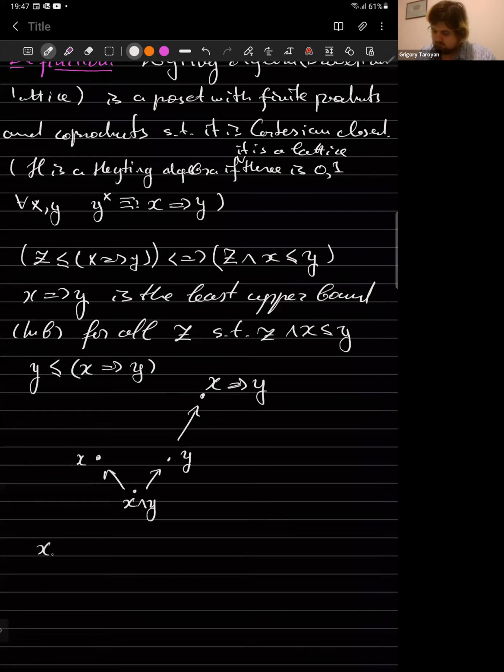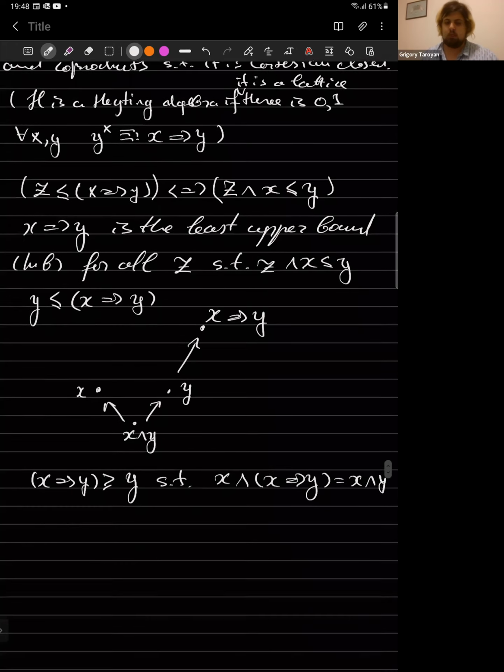And so we have this inequality, but also we have a condition that the intersection of these two objects should be equal to the meet of x and y.